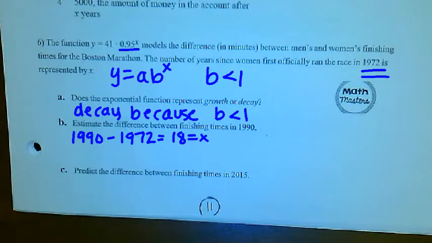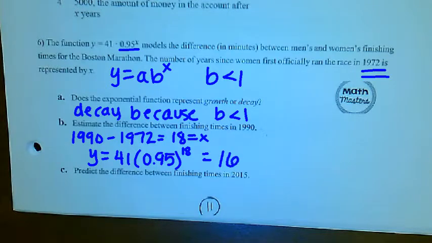All right, now we're going to just substitute in. So y equals 41 times 0.95 raised to the 18th power. If you throw that in your calculator, put parentheses around it, use your little caret button, and then hit 18. So 16.2857, and that goes on. So approximately 16 minutes.